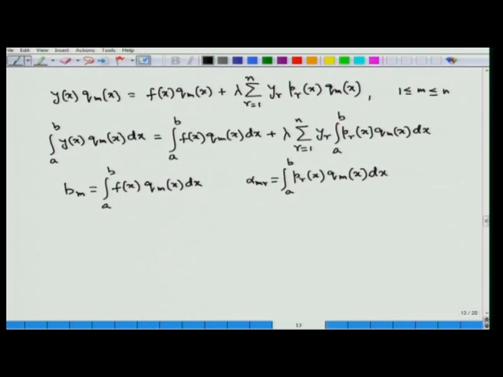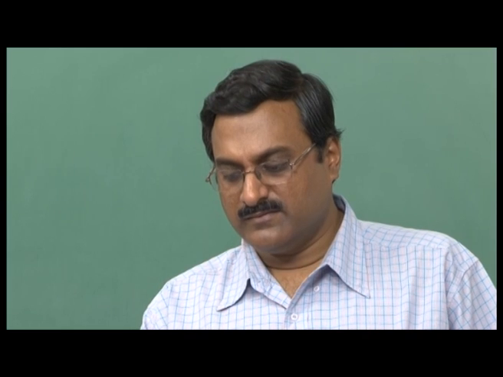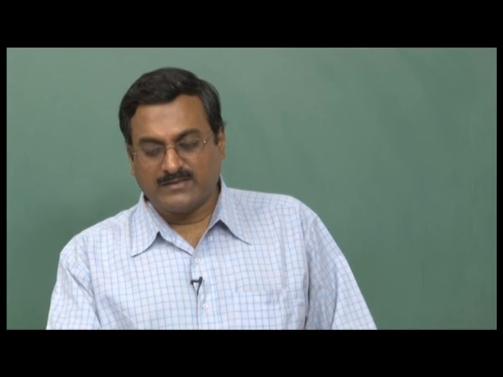Then this result, integral a to b y(x) q_m(x) dx = integral a to b f(x) q_m(x) dx + lambda summation r running from 1 to n y_r integral a to b p_r(x) q_m(x) dx, can be written as y_m = b_m + lambda sigma r running from 1 to n alpha_mr y_r. Note that when we multiplied the expression y(x) = f(x) + lambda summation r running from 1 to n y_r p_r(x) by q_m(x), we mentioned that m ranges from 1 to n.